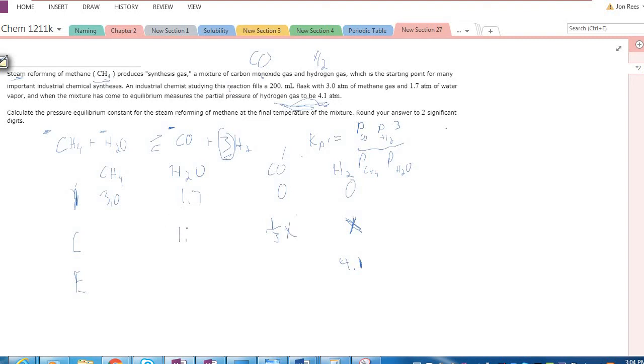And the change here is going to be minus 1/3 X, and over here the change is going to be minus 1/3 X. Okay, so in the end our equilibrium pressures are going to be 3.0 minus a 1/3 X. Here we're going to be 1.7 minus a 1/3 X. And finally for our CO it's going to be 1/3 X. So here's our equilibrium pressures in terms of X. Well, we know what X is. To go from 0 to 4.1, X has to be equal to 4.1.